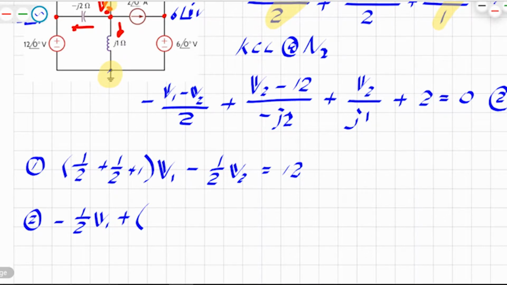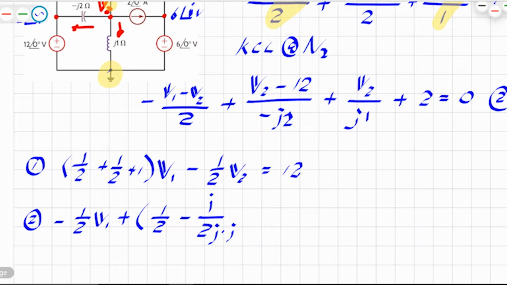So we have 1/2 minus (1/2) J. Now remember, if we put a J, J times J is -1.